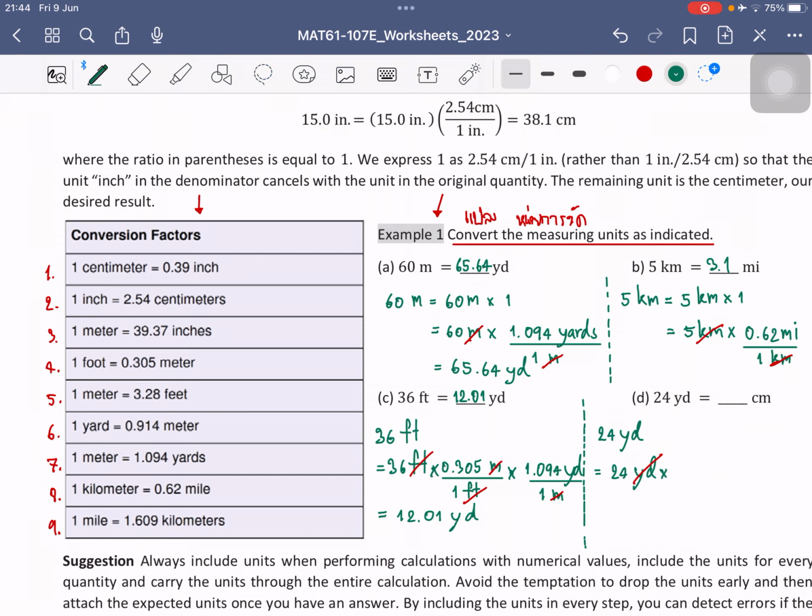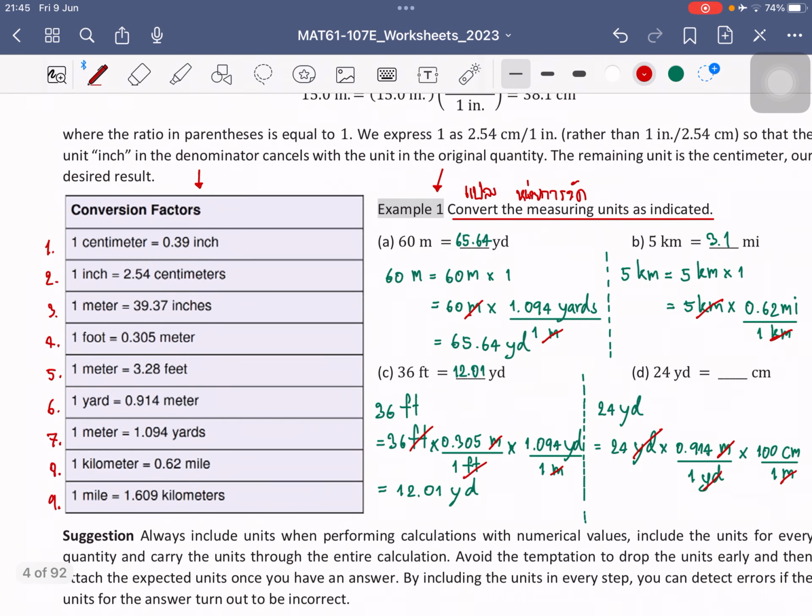At the end, meter cancels meter and yard cancels yard, and then we will get the answer. I will use my calculator. 24 times 0.914 times 100. Okay, I think you get the same number as me. 2194.6 centimeter. Okay, and this is the first example.